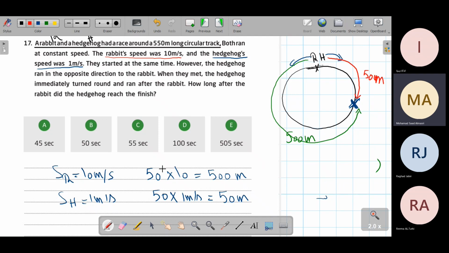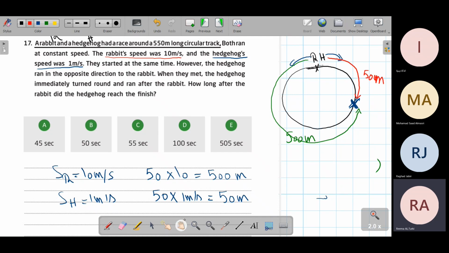But when I try 50 seconds, I find out that the rabbit will run 500 meters, and the hedgehog will run how many meters? 50 meters. So together 500 plus 50 meters give me what? 550, the length of the circle track.